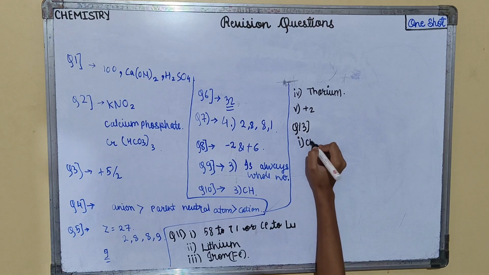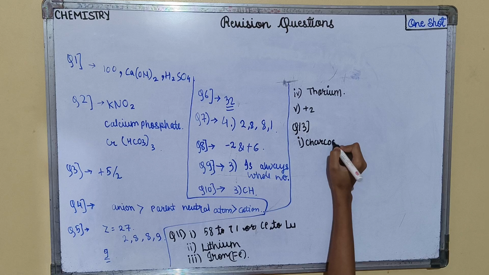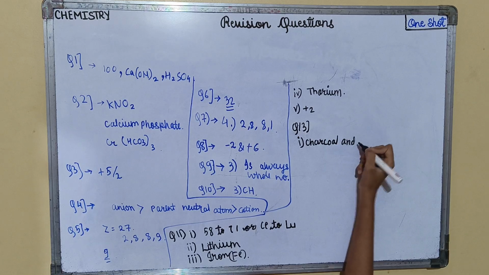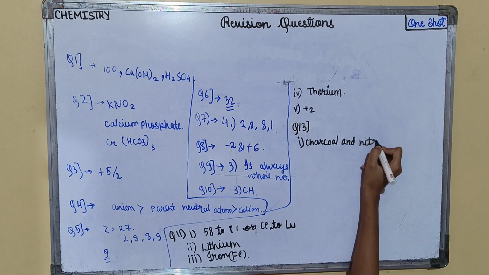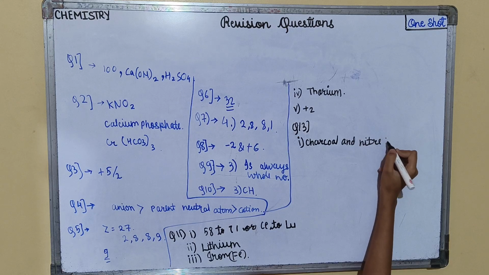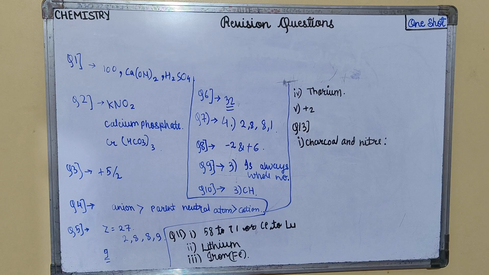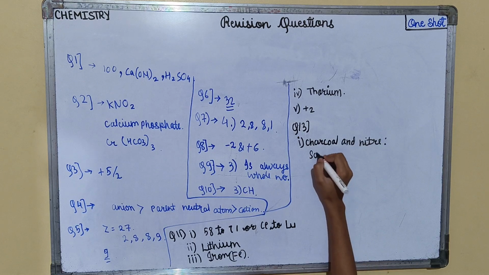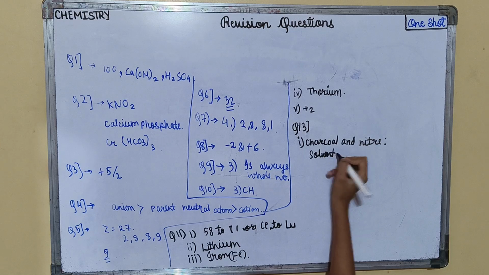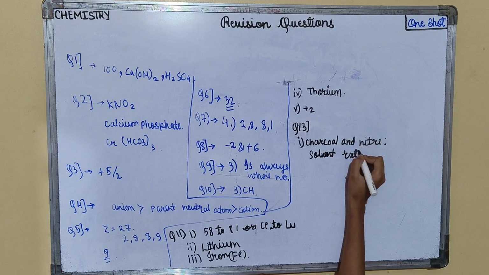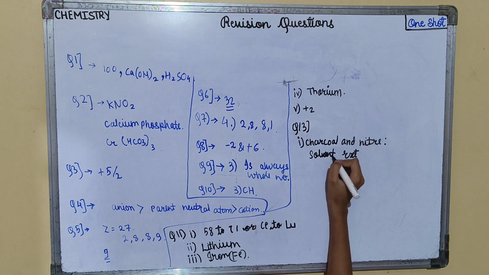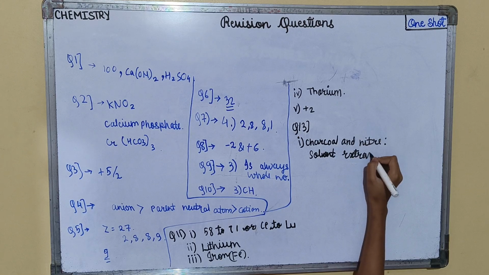First is charcoal and niter. I'll write the method of separation and I'll say the definition out loud. So this method of separation is solvent extraction.